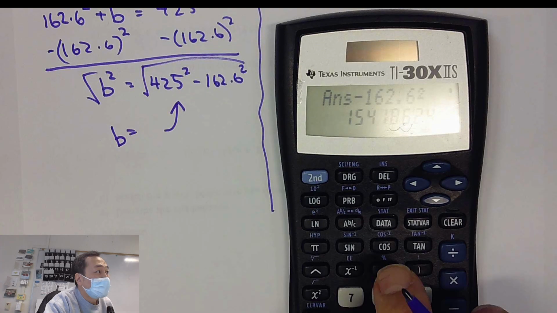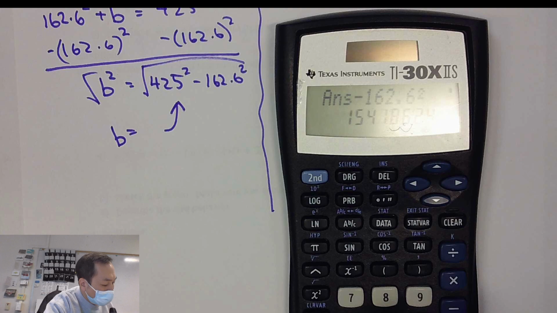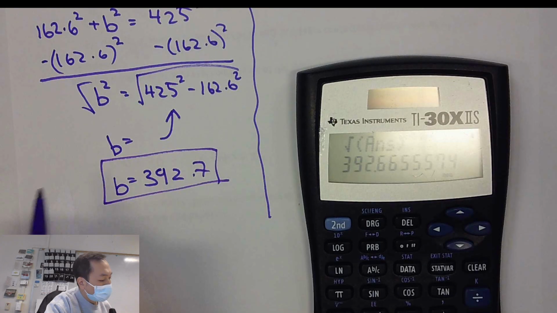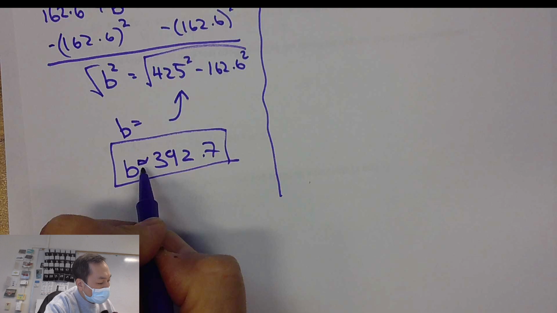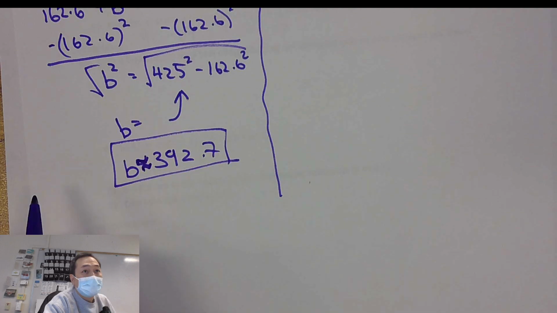So square root that answer, which is 392.67, or 392.7. So B is approximately 392.7. Remember, when it's approximate, you use these little wavy lines.